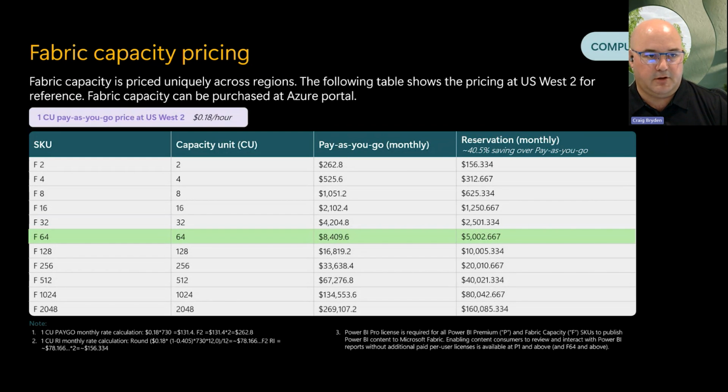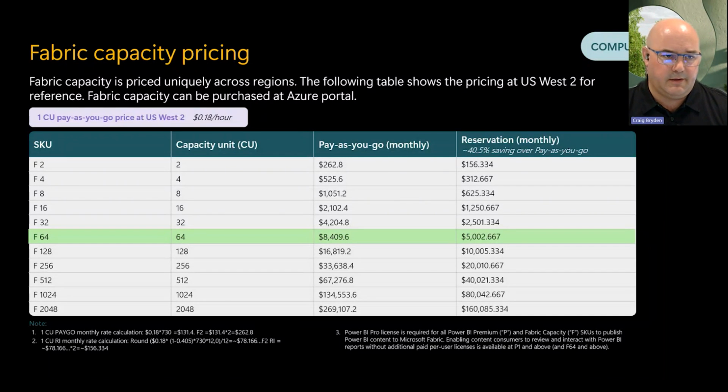With F SKUs up to F32, you don't get free consumers. Every consumer and every content creator needs to have a Power BI Pro license as well as you having the Fabric capacity. By buying the Fabric capacity in that instance, you're effectively just buying the additional features that come with Fabric, like lakehouses and warehouses and event streams and all of this new functionality.